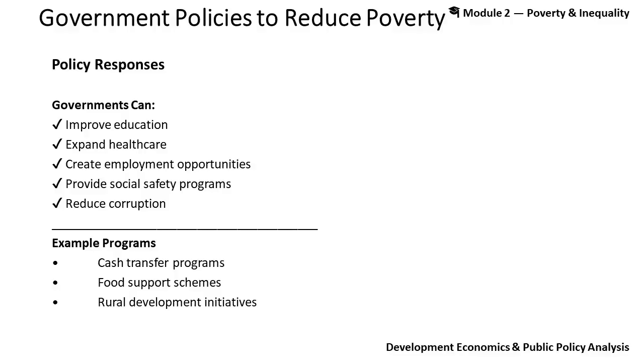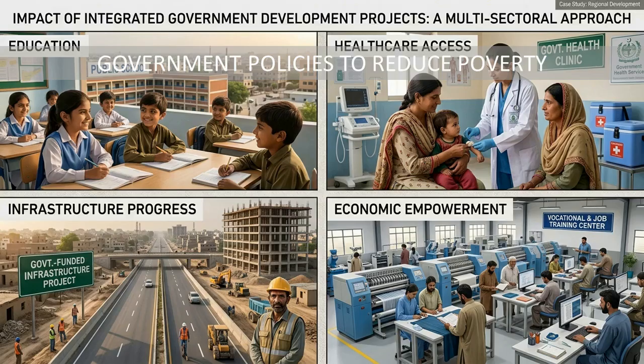Government policies to reduce poverty. Governments play a crucial role in reducing poverty. Several policy measures can be effective. Improving education helps people acquire skills and secure better employment. Expanding healthcare improves productivity and quality of life. Creating employment opportunities increases household incomes.